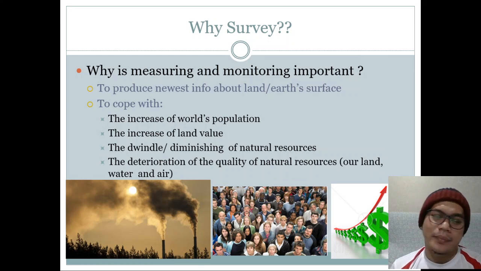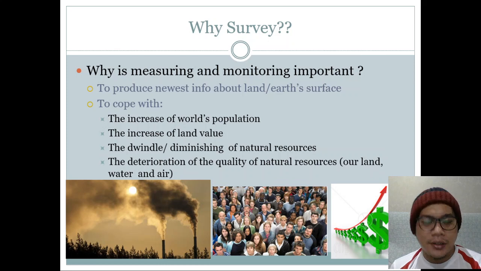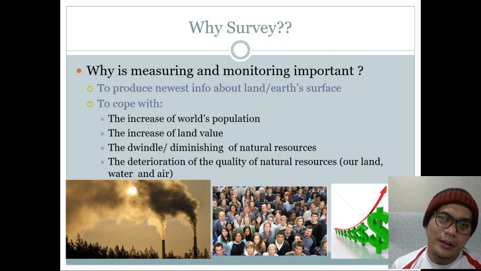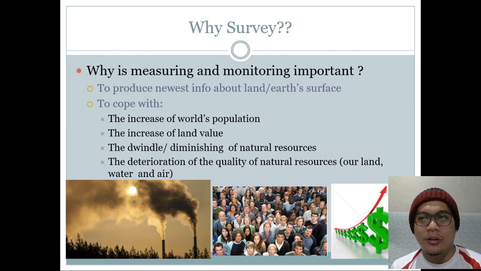That's why it's very important that we have specific systems to keep updating all of these land use changes, so that development and urban planning, whether physical or social planning, can be done.